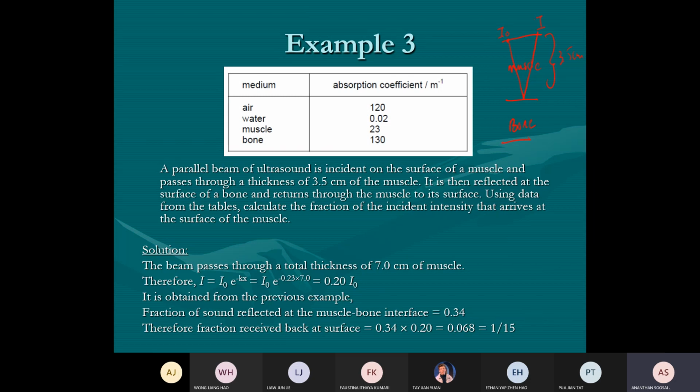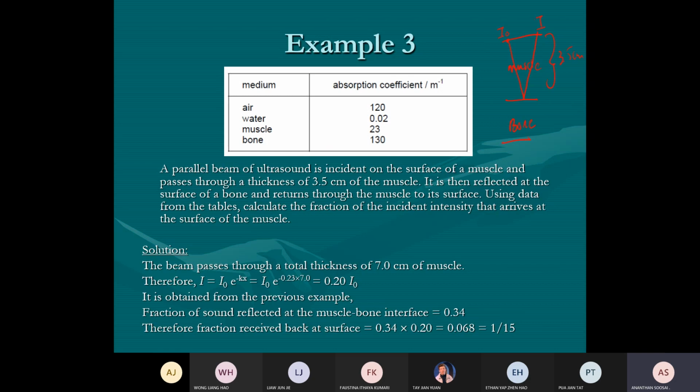So how much fraction of incident intensity reaches the surface of the muscle? The question is asking for I over I naught. Use the method I told you. How many times absorbed? How many times reflected? Twice absorbed. Every time absorbed, what formula you must use?